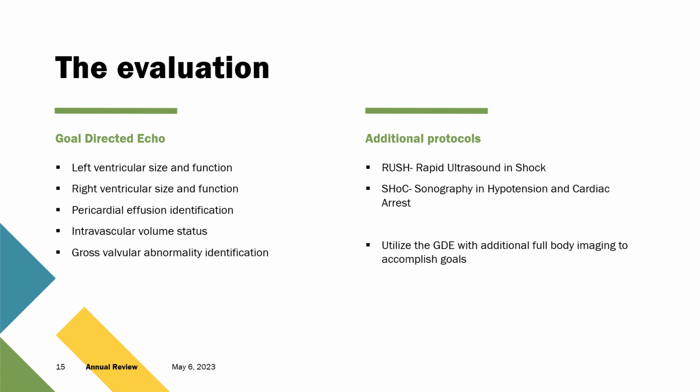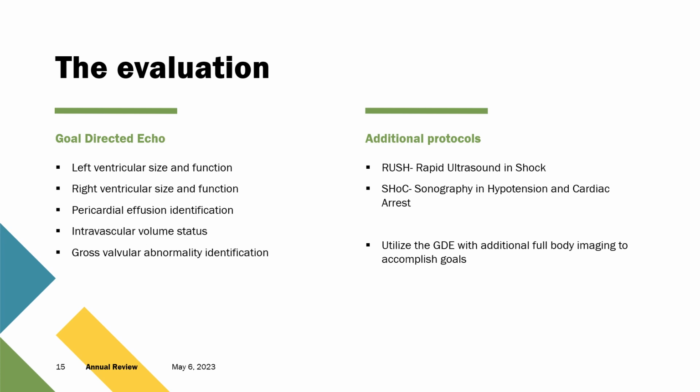Now, the goal-directed echo, like I mentioned, can be expanded into additional protocols, and the RUSH protocol is rapid ultrasound in shock. The SHOC protocol is sonography in hypotensive and cardiac arrest. You utilize the GDE with additional full body imaging to accomplish the goals of RUSH and SHOC. So those are just an extension of the GDE.